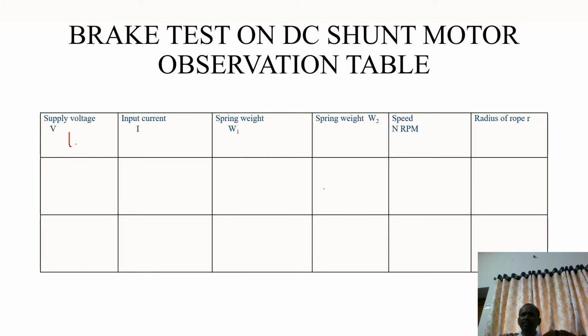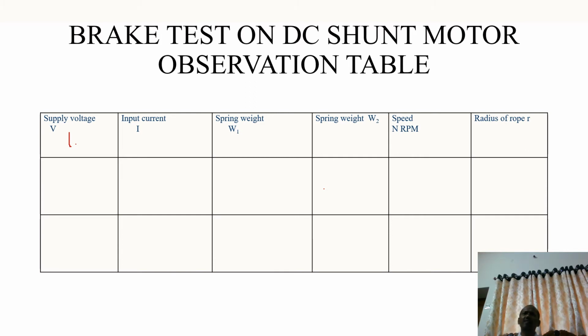Here, the output power is 1.02 into (W1 minus W2) into N, and the input power is VI. You can calculate these values and find the efficiency of the DC motor from the performance point of view.